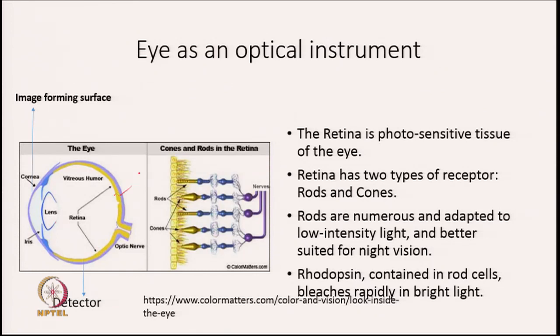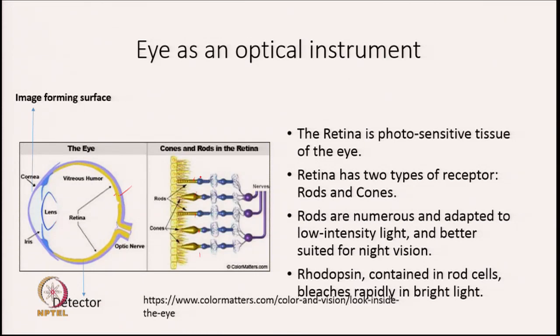So, the retina is photosensitive tissue of the eye and this retina has two types of receptor, rods and cones. You can see here these are the rods and these three are cones.